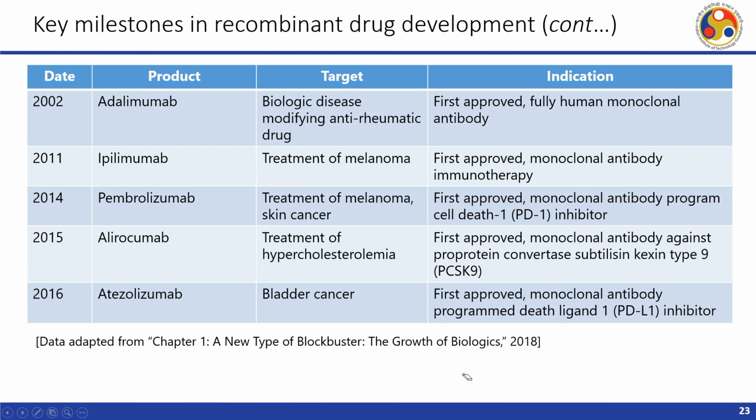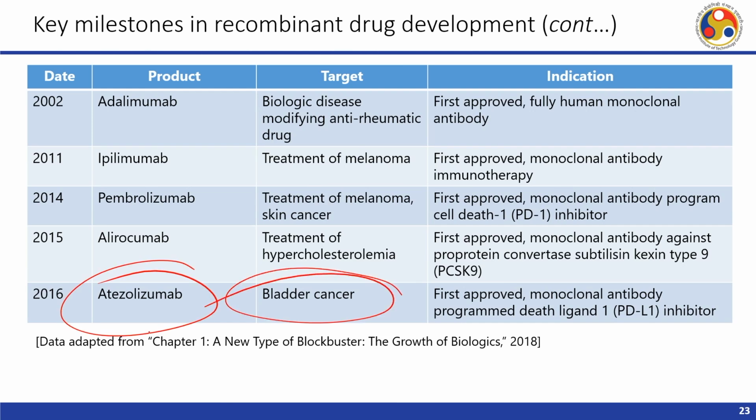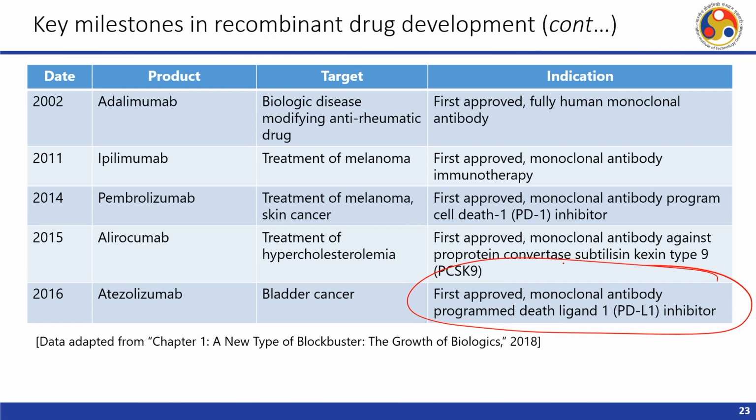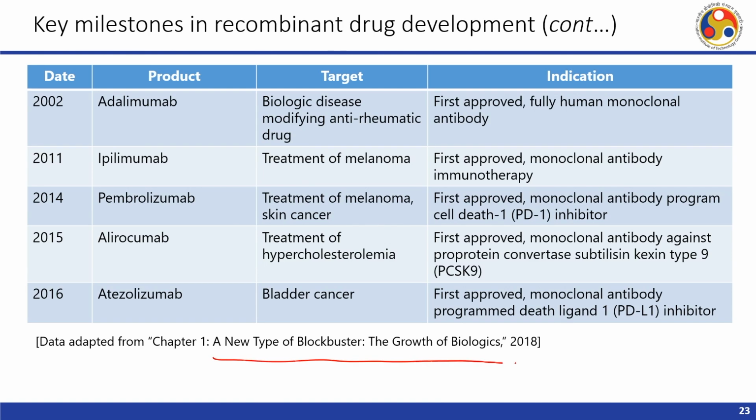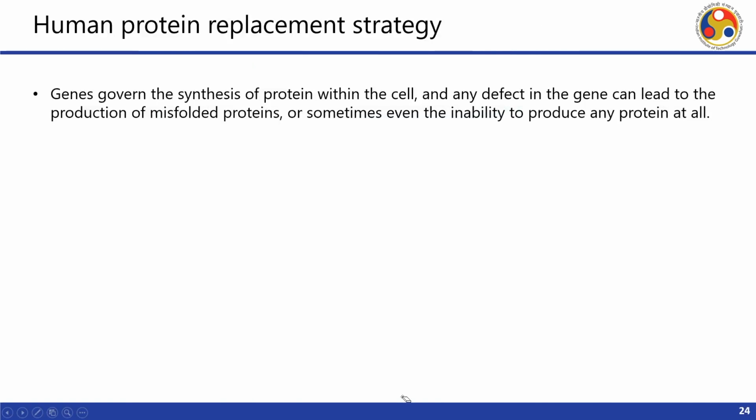Then in 2016 we have atezolizumab, which is a therapy against cancer, and this is the first approved monoclonal antibody programmed death ligand inhibitor. So, this table has been adapted from a paper on a new type of blockbuster, the growth of biologics, published in 2018.